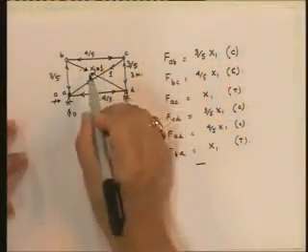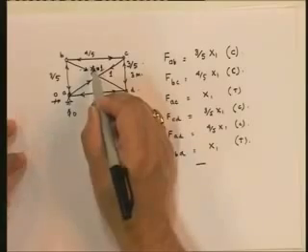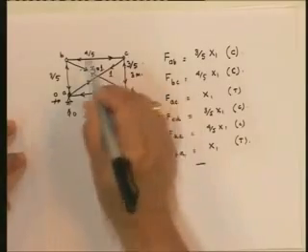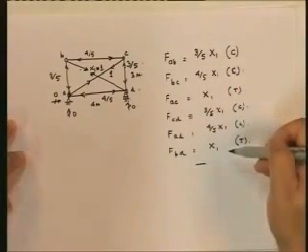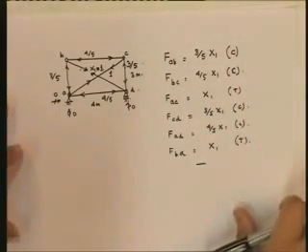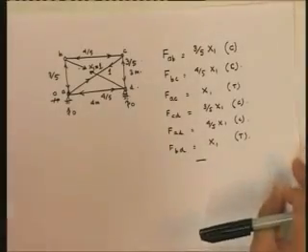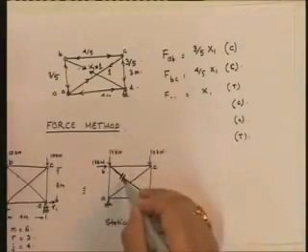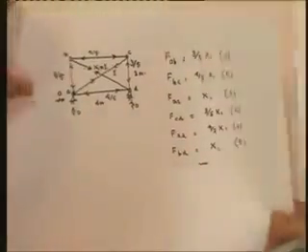So when I have actually solved this, I can assume that if I take this to be the virtual force, what will be the forces in all the members? Well, I know what the forces are going to be. I've already got it. So therefore, if you look at it using the method of virtual force, what is the displacement at this point? The displacement at this point can be given by, I'm going to write down the virtual work equation here.